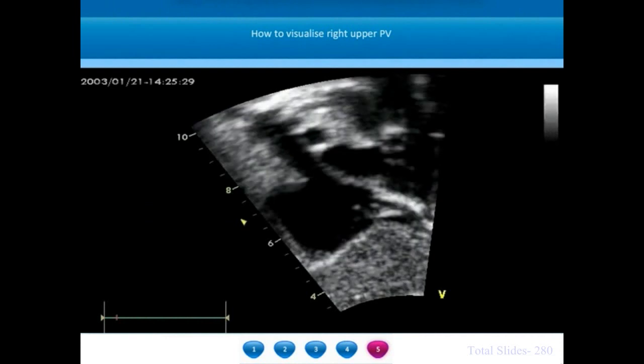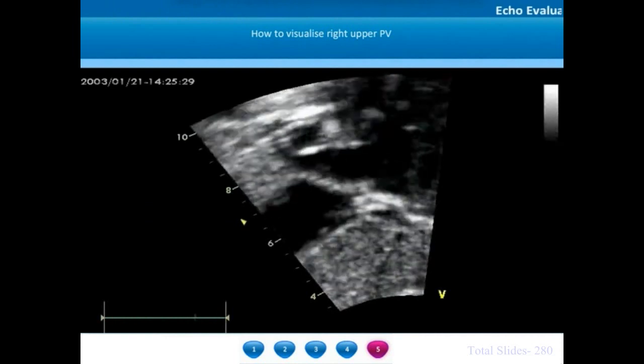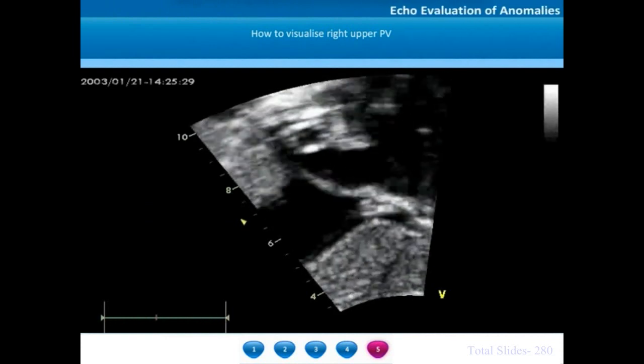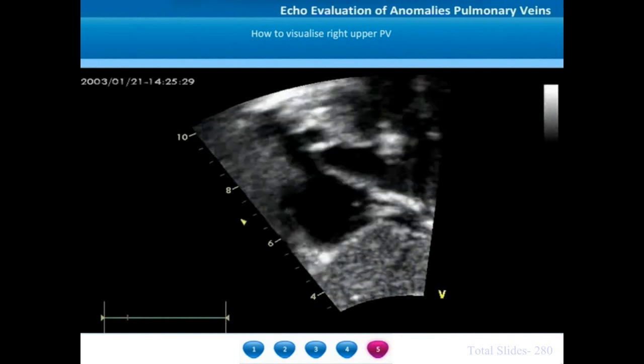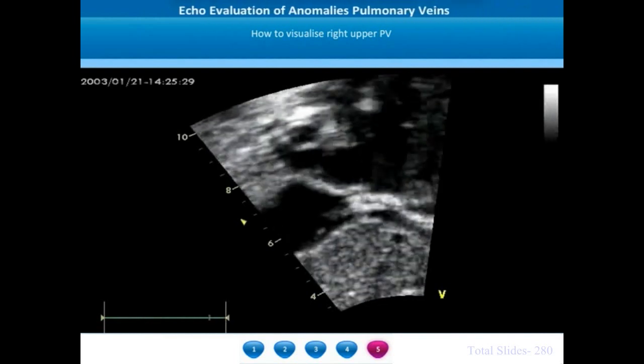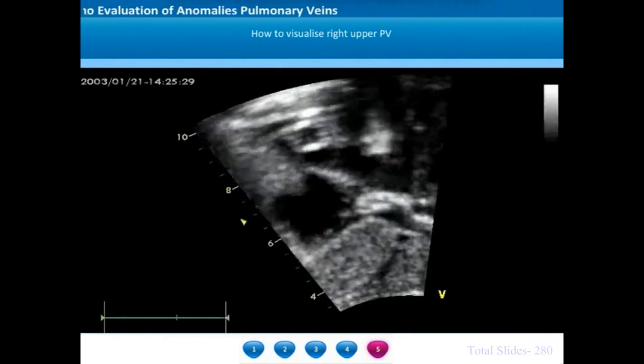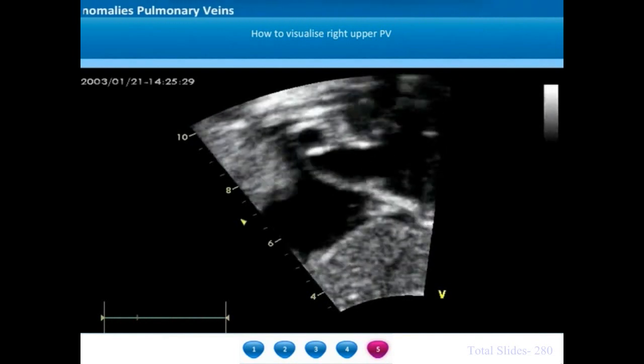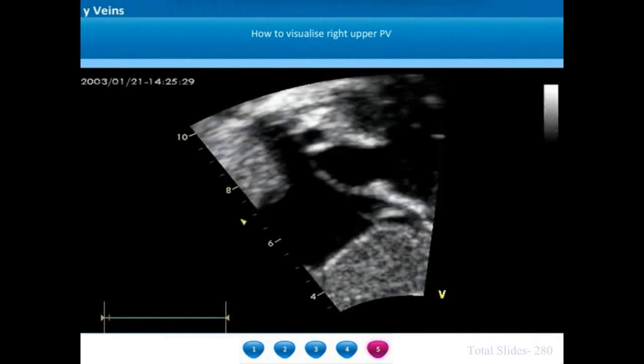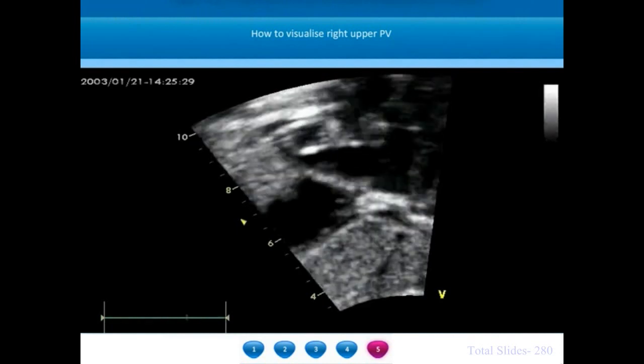Right upper pulmonary vein is best visualized in the subxiphoid short axis view. After we visualize the superior vena cava entering into the right atrium, a rightward sweep of the probe in the subxiphoid short axis view is going to show the right upper pulmonary vein entering into the left atrium.